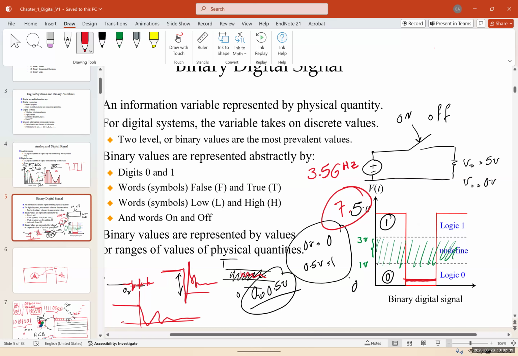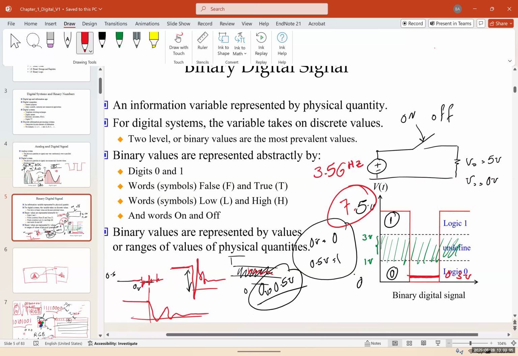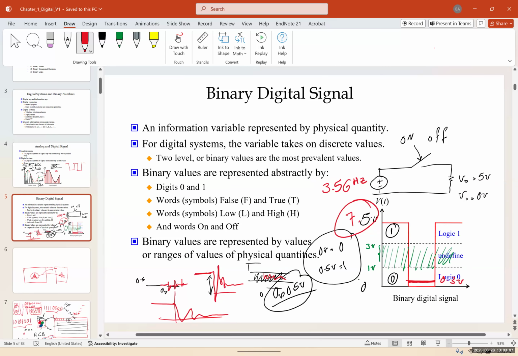Because sometimes you may simply have a short circuit and the output of a transistor would be grounded. Therefore, you're going to see 0 volts in the output. To eliminate that error, in some cases, the logic of 0 is around 0.3 volts, something like that. And if it's 0, it's considered an error. We just discard that.